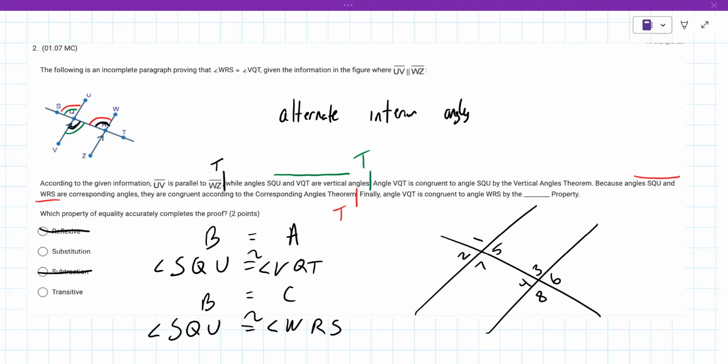I think it was transitive. Let's go with that. That's the one we've been using a lot. The substitution doesn't seem to apply. It does seem to be more like since A equals B and B equals C. You can go back the second time if you need to.